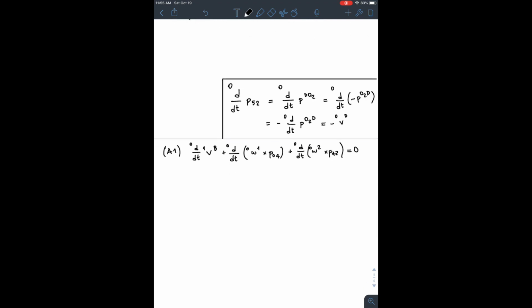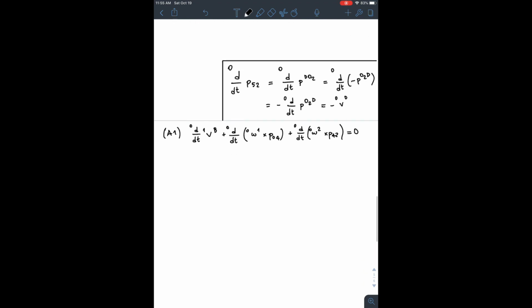Now, for the first term, I'm going to use the differentiation in 2 frames formula, and I'm going to differentiate it in the first frame. The first term is going to be d/dt in 1 of the velocity of the point B in frame 1 plus angular velocity of 1 in 0 cross VB in 1.